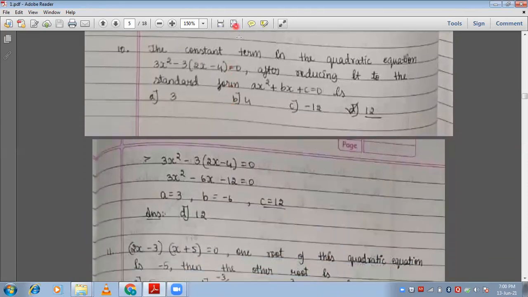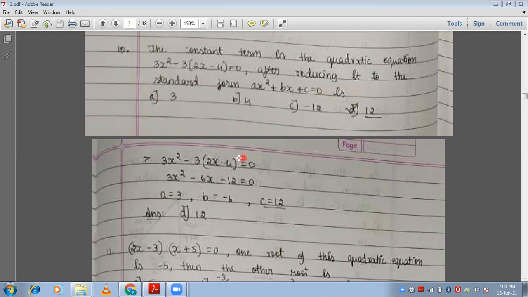Next sum, the constant term. You need to find the constant term. This is the question mark. The constant term in the quadratic equation 3x square minus 3 into 2x minus 4 is equal to 0, after reducing it to the standard form ax square plus bx plus c is equal to 0, is dash.